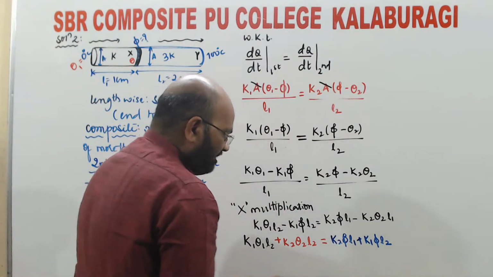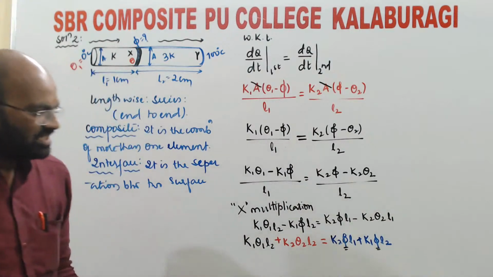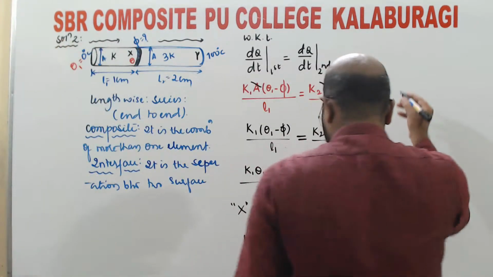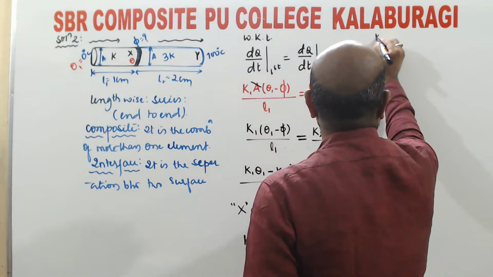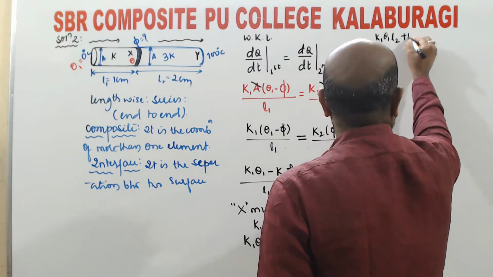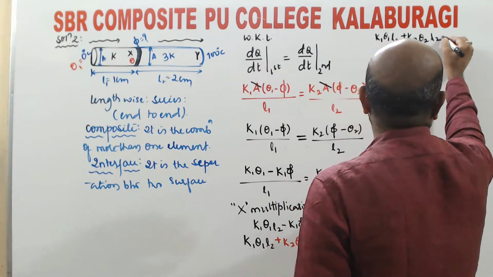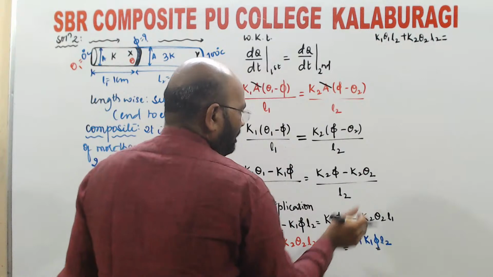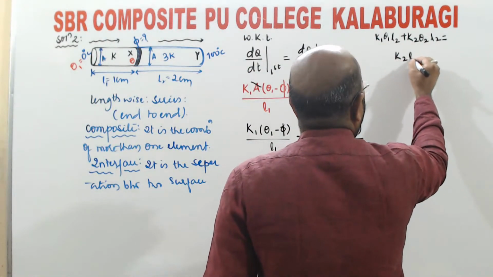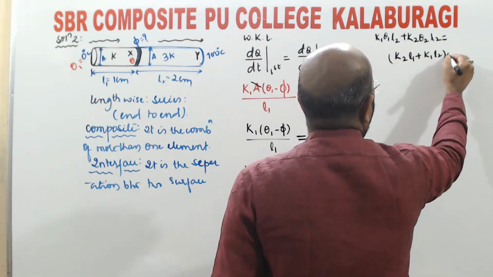In the RHS equation, phi is common. This is called the junction temperature. Taking it common, we get K1 theta 1 L2 plus K2 theta 2 L1 equals K2 L1 plus K1 L2, into phi.